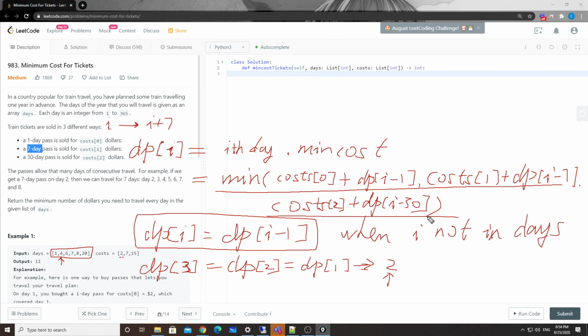Okay, cool. So that's that. And some of you may have a question. For the current DPI here, why do I have to buy the tickets starting on day I minus 1? Let's use the weekly pass as an example.